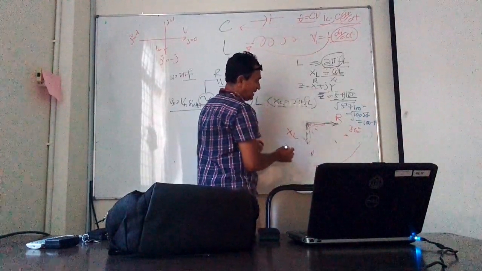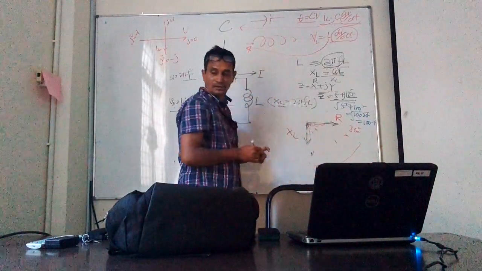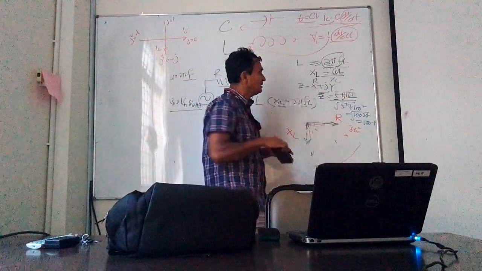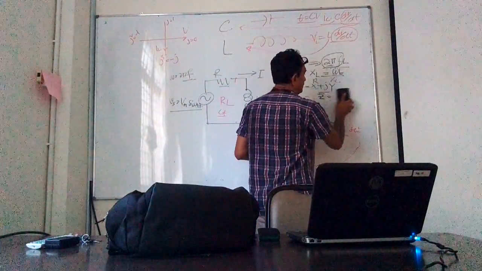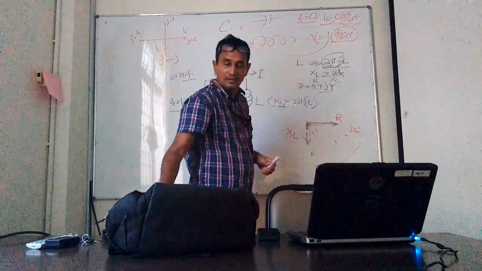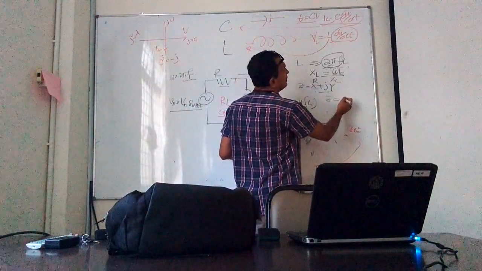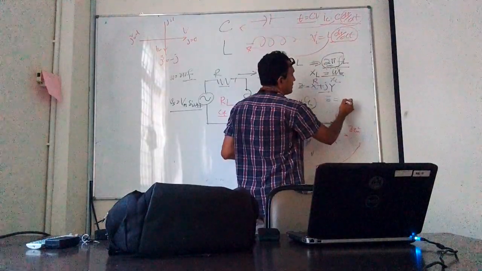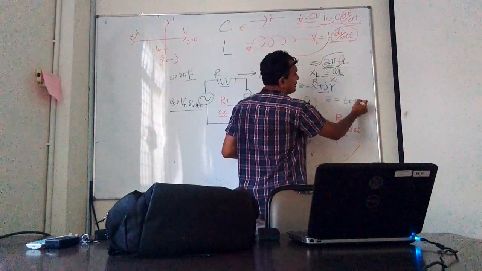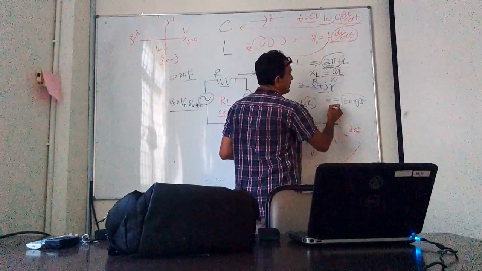Now you can see that if it is not like this, the value is just opposite. Say Z equal to 60 plus 5 Z. Now see the Z value, how much it is.